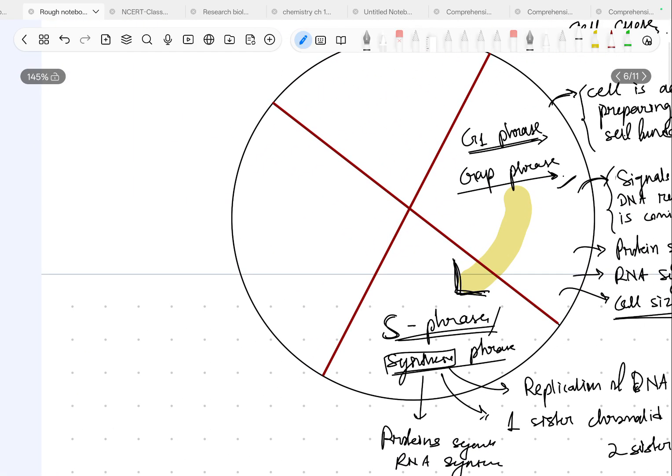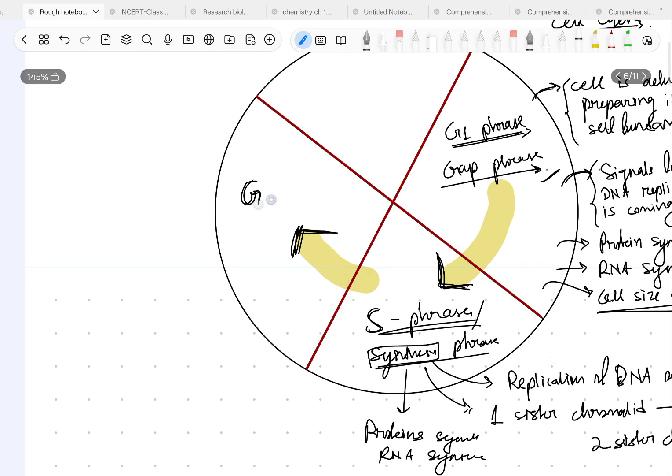And the next phase is the G2 phase, G2 gap. Here the cell basically rests.